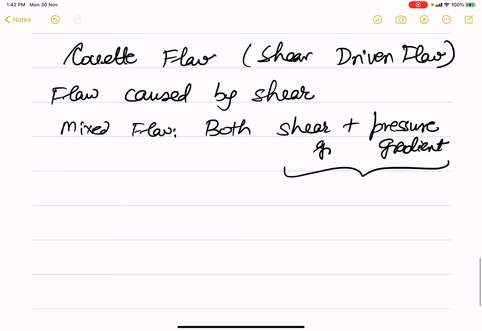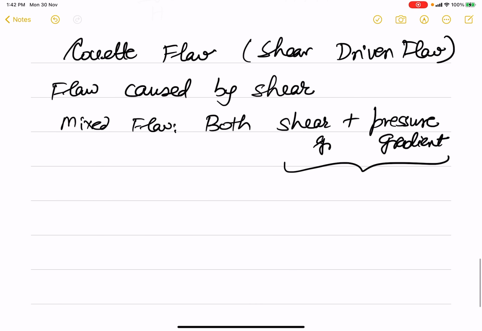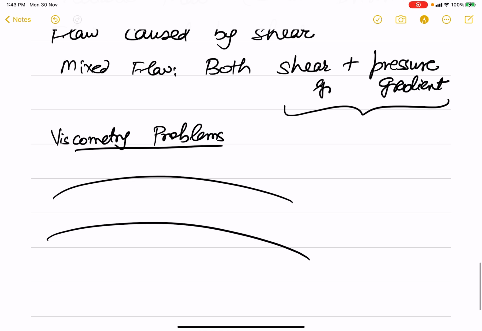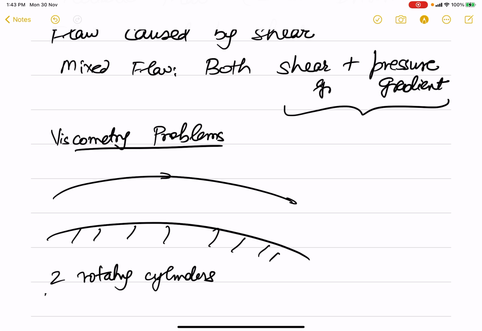Now, one thing I would like to tell you, at the start of the course, we talked of some viscometry problems, where we had, let's say, flow between two rotating cylinders, and let's say this one was fixed and the other was moving with omega r.